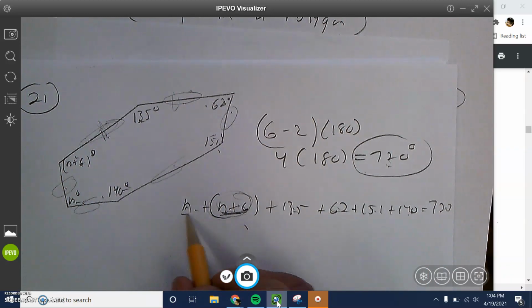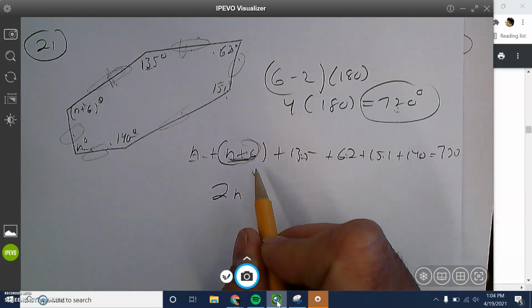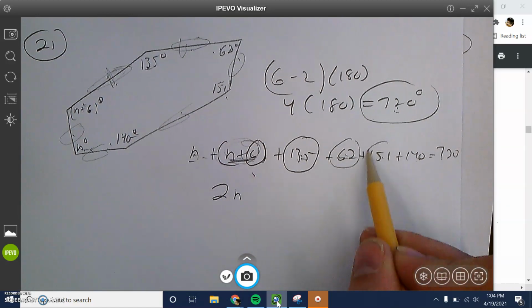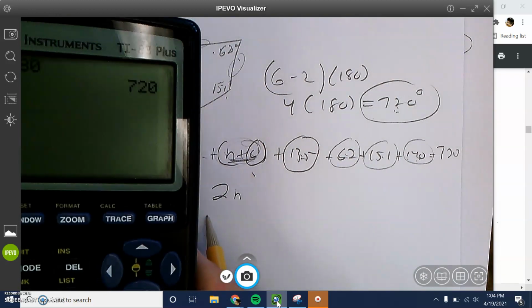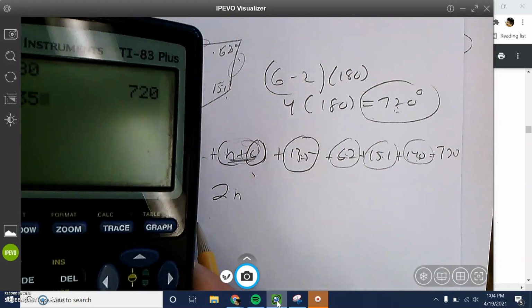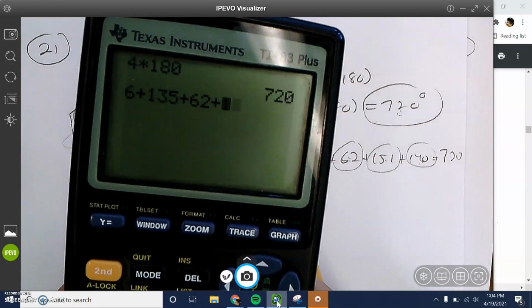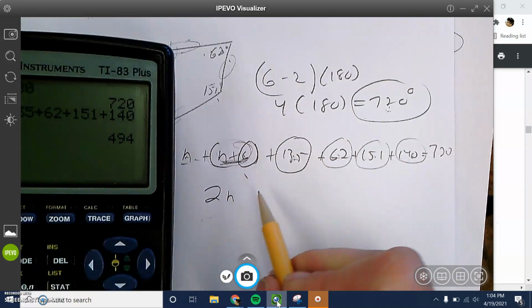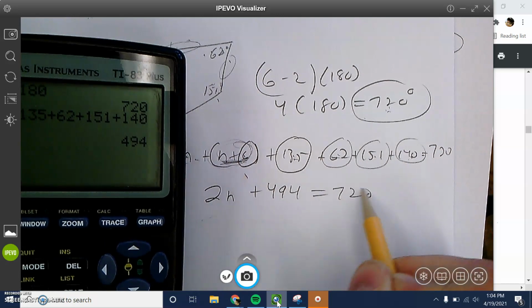Okay, combine like terms. n plus n, 2n. So don't forget the 6. So 6 plus 135 plus 62 plus 151 plus 140. What is that? I don't know. Calculator. Equals 494. So 2n plus 494 equals 720.